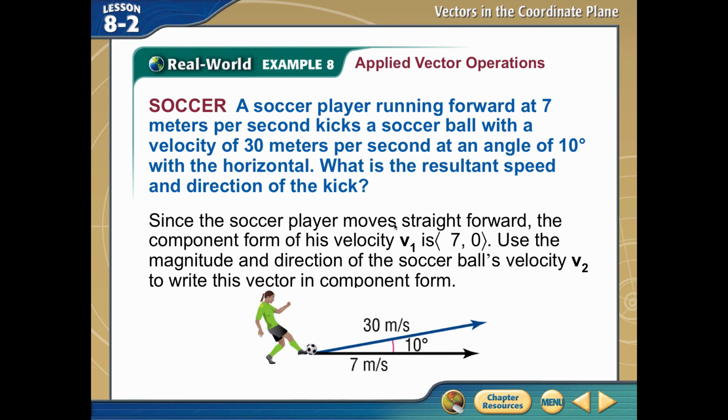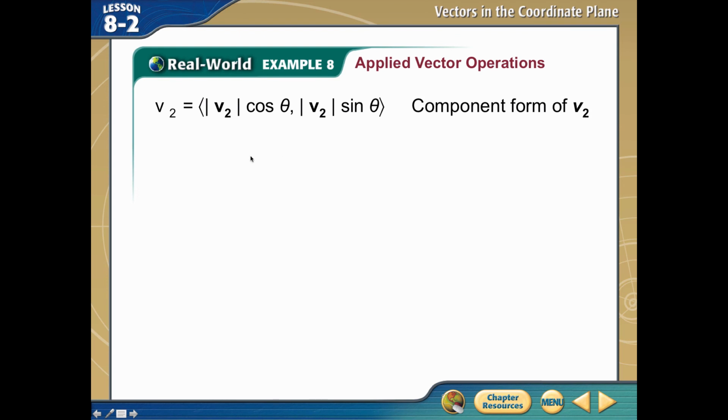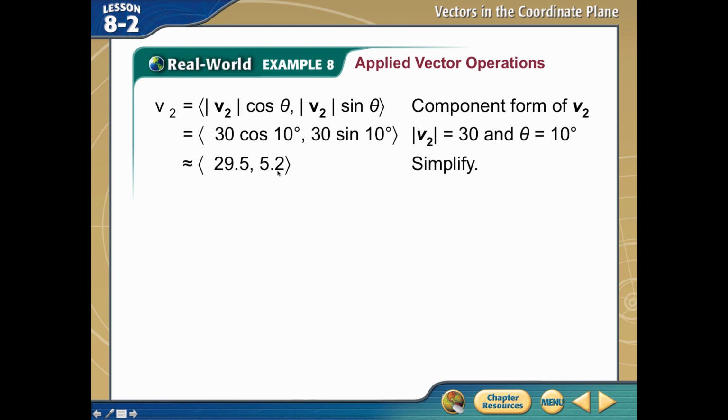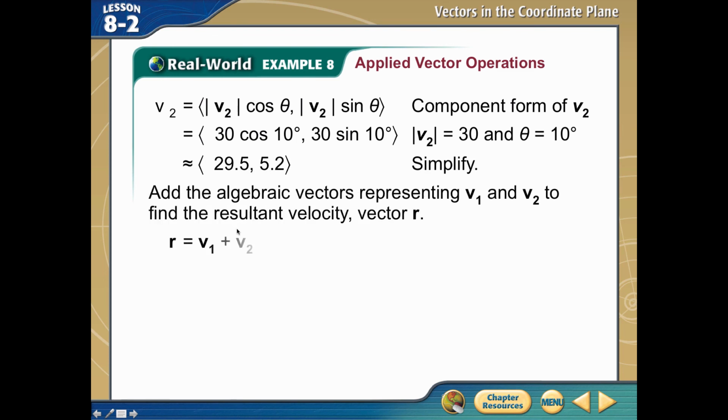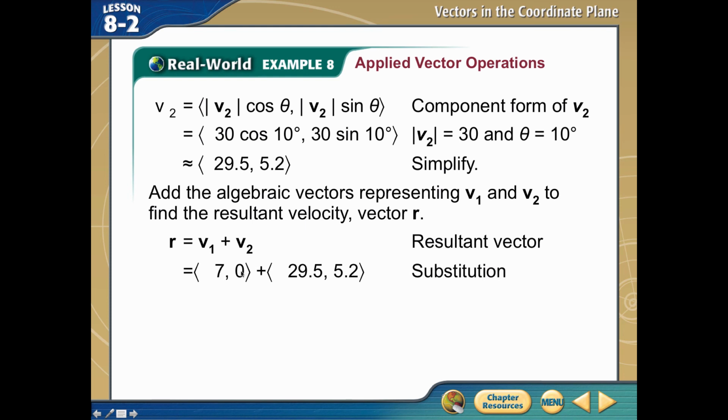That's very straightforward. The ball is 30 cosine 10, 30 sine 10, which gives you 29.5, 5.2. You just add that to 7, 0. So 7, 0 plus 30 cosine 10, 30 sine 10, you end up with 36.5, 5.2.